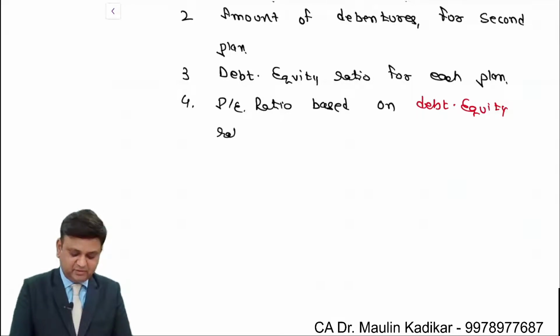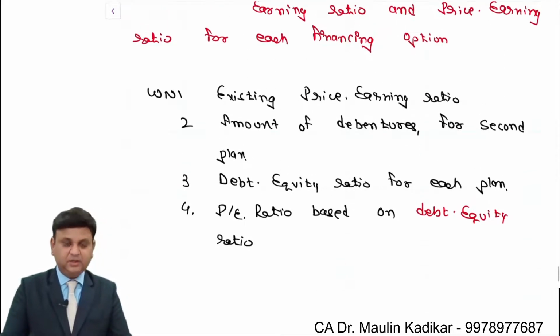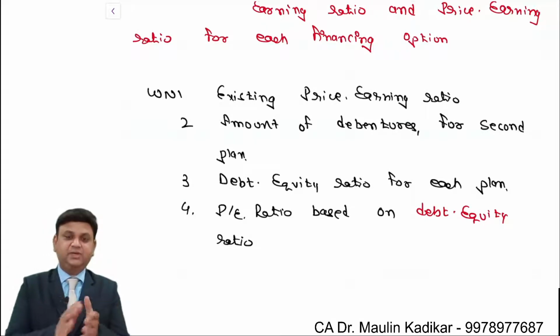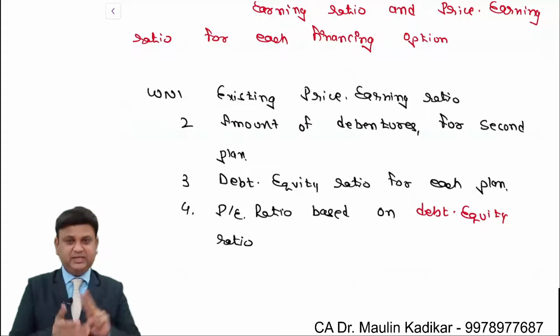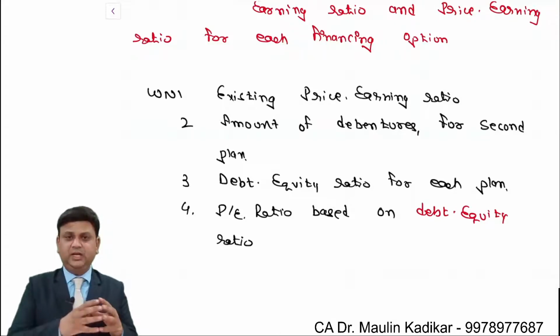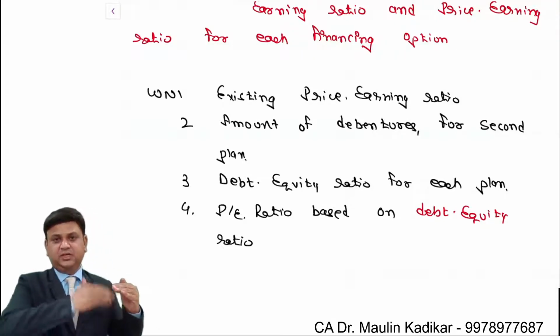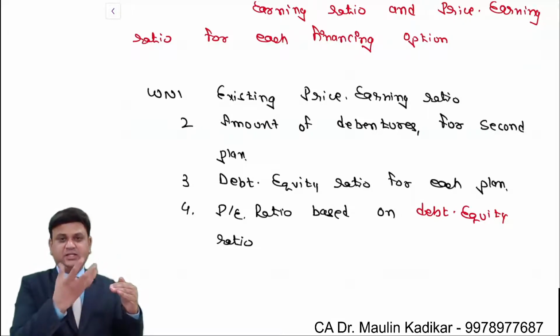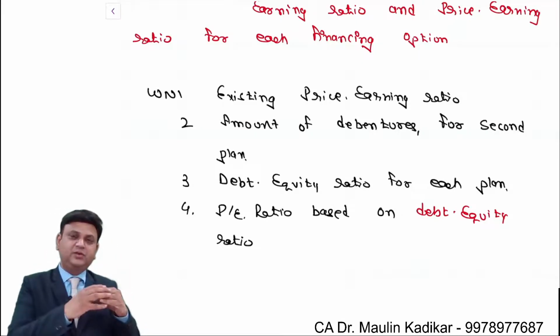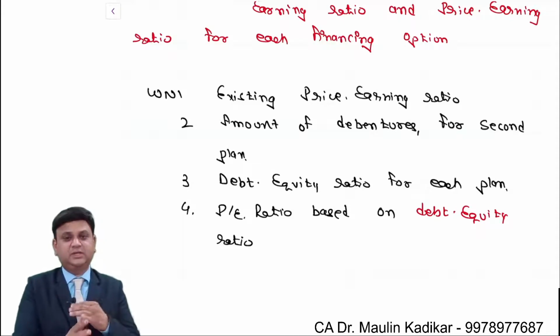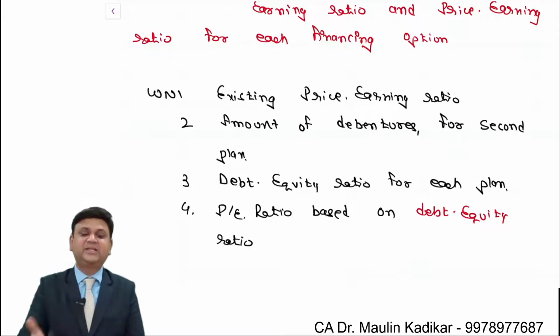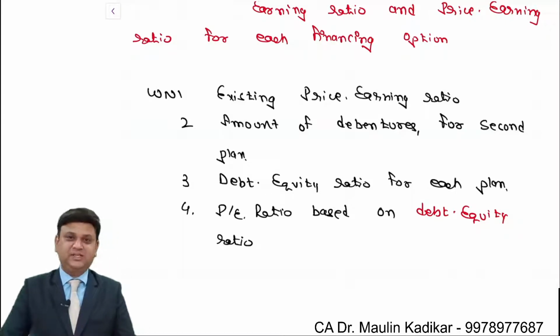In a way that say we'll make the adjustment of the price earning ratio based on the debt equity ratio for the first one and second one. It means that say if at all the debt equity ratio increases, then the price earning ratio will fall down. If at all the debt equity ratio does not exceed 45%, the price earning ratio will remain same. That is what we understand.